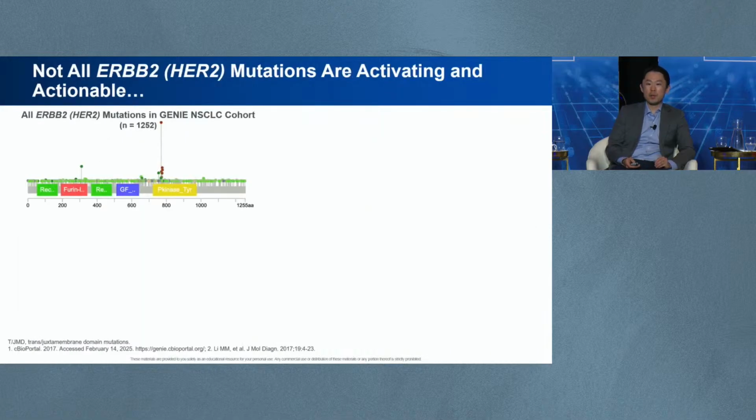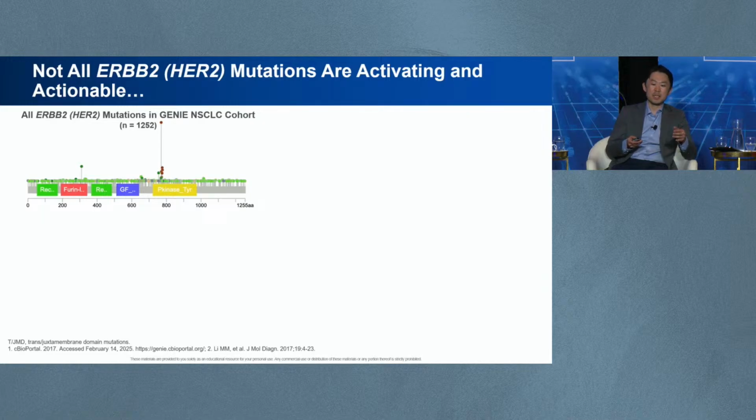One important point that I wanted to emphasize here today is that not all the HER2 mutations that we detect in our report are actually activating and/or actionable. To illustrate this point, here is a lollipop plot of all the HER2 mutations that were detected in a GENIE non-small cell lung cancer cohort, which is essentially a multi-institutional database of all lung cancers that were genotyped using NGS.